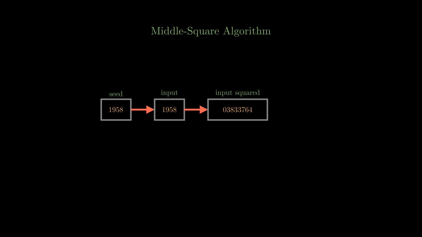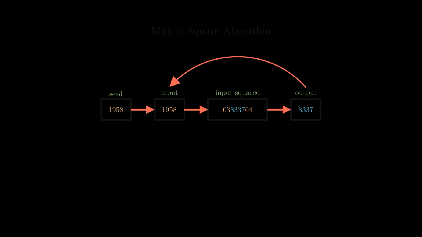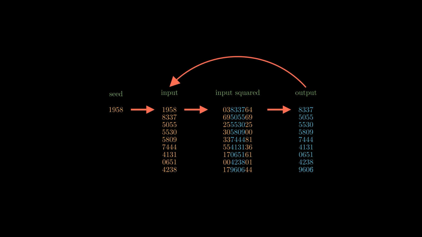Therefore, in squaring a 4-digit number, we get a number that has at most 8 digits. So, whenever input squared has fewer than 8 digits, the algorithm pads it with zeros at the front until it has exactly 8 digits. The output is then obtained as the middle 4 digits of input squared. The output then becomes the new input, and the process is repeated indefinitely.